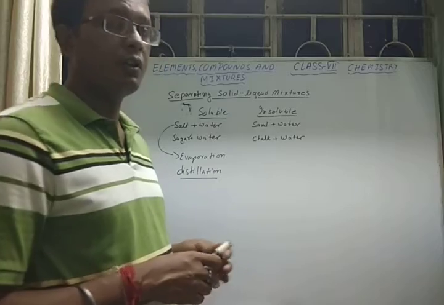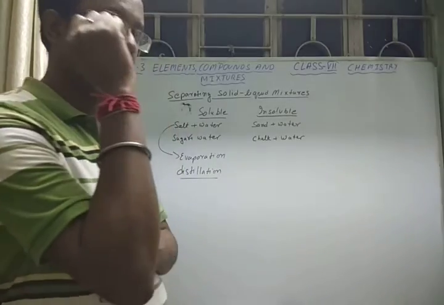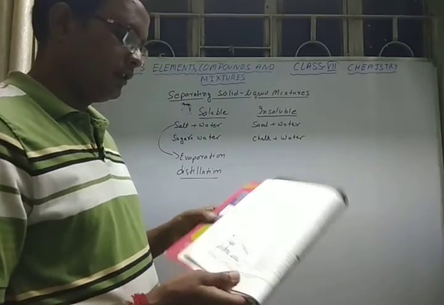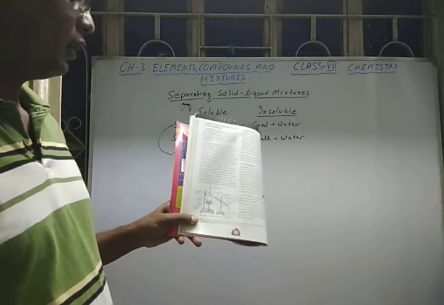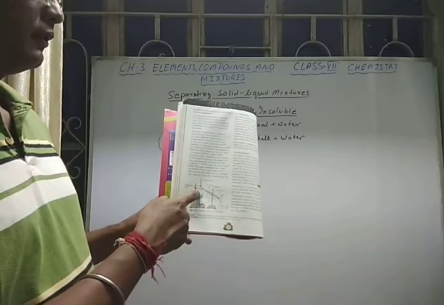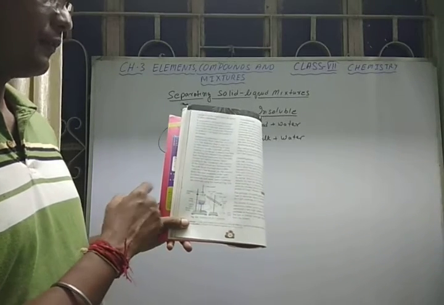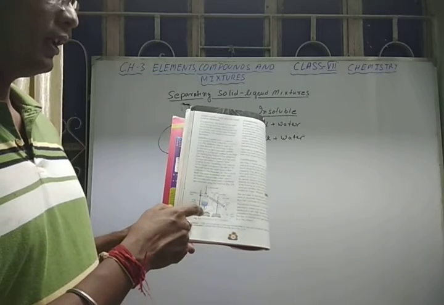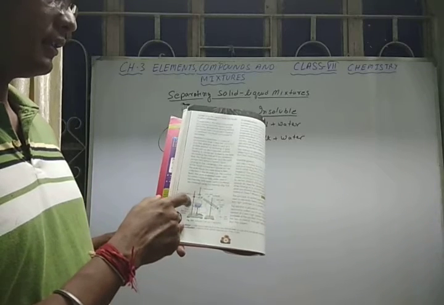This condenser is also called Liebig's condenser. If you see in your book, the figure is given, figure number 3.4. The whole distillation process figure is given. So this one is the distillation flask. It is placed on the tripod stand with the help of a stand.